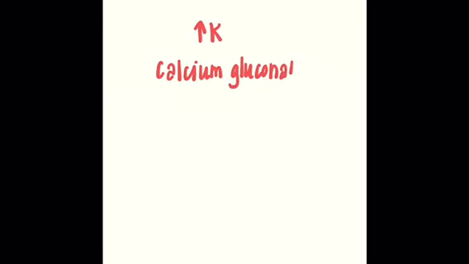Calcium gluconate is a cardiac membrane stabilizer. So when these membranes are becoming more excitable by all this excess potassium floating around, this will work to stabilize those membranes and hopefully prevent the development of tachyarrhythmias. So calcium gluconate is really a stabilizing measure, but it's not going to do a whole lot to actually help to decrease the amount of potassium in the body.